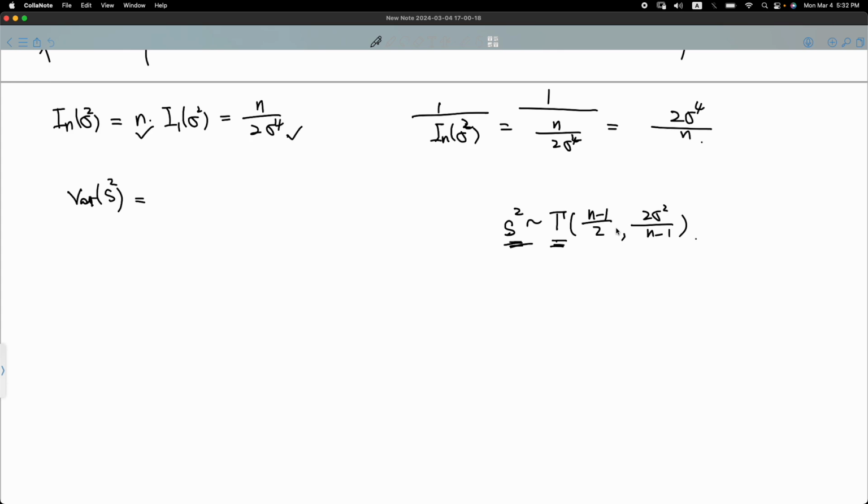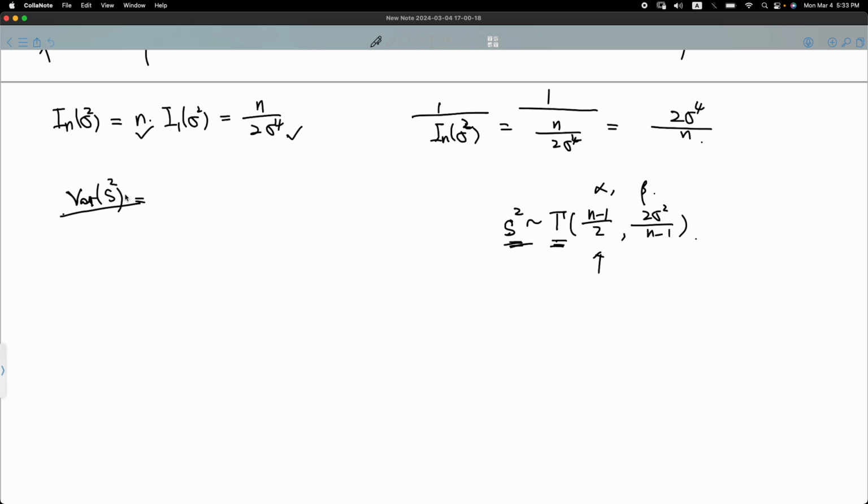And then, for evaluating the variance of S squared, we are going to use information from here. Okay, so then I would just assume this is given. So S squared is following a gamma distribution with this particular alpha and beta. Okay, so we're interested in the variance of a random variable that follows a gamma.